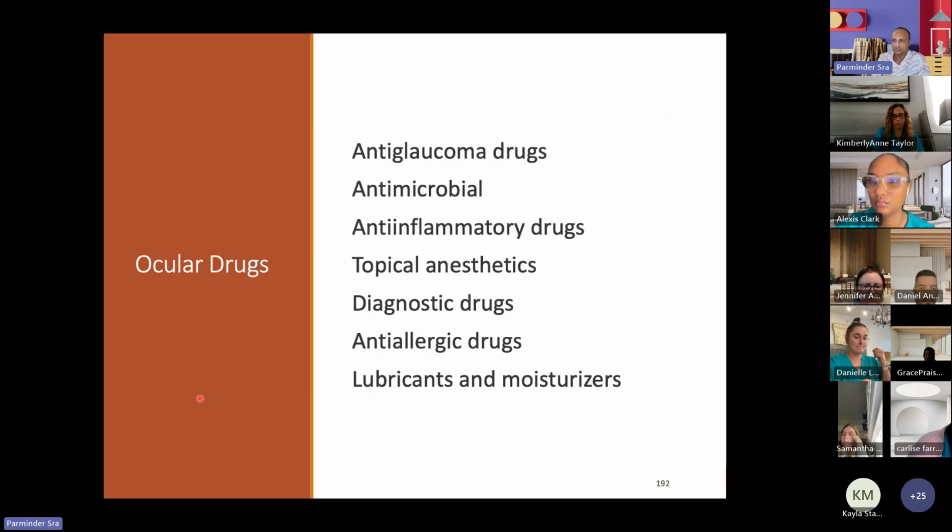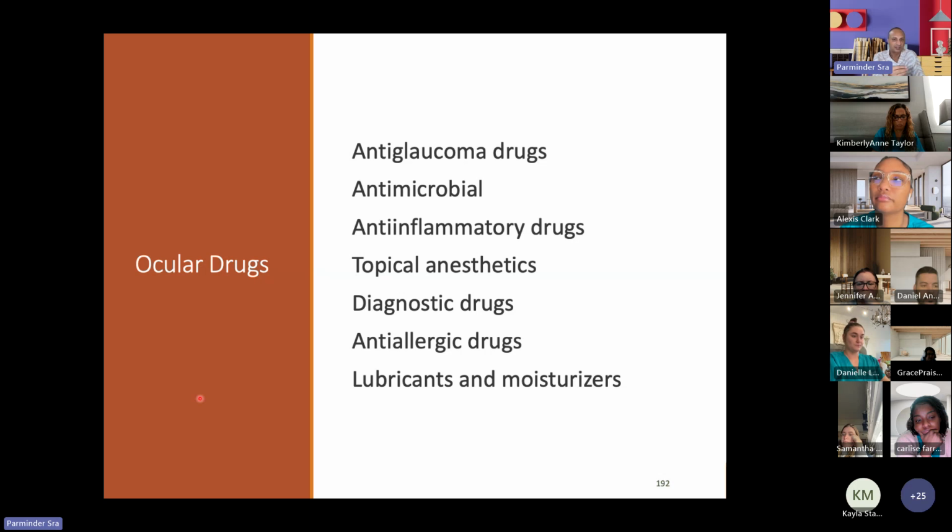Let's talk about different conditions and different drugs. Anti-glaucoma drugs are for patients who have glaucoma, to keep the intraocular pressure low. Then antimicrobial, if somebody has a bacterial infection in the eye. Anti-inflammatory for a patient who has some sort of inflammation in the eye.